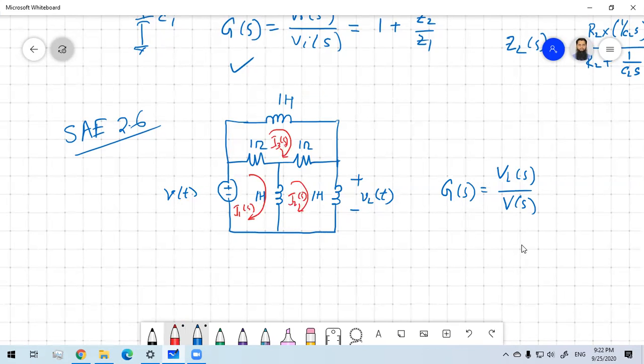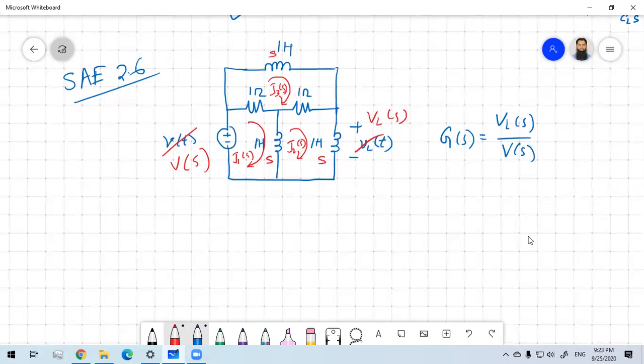So the impedance of LS will basically be S. The ohms will not be changing. This one will also be S, this one will also be S. Replace this one with VS, and replace this one with VLS. Now you write 3 equations.